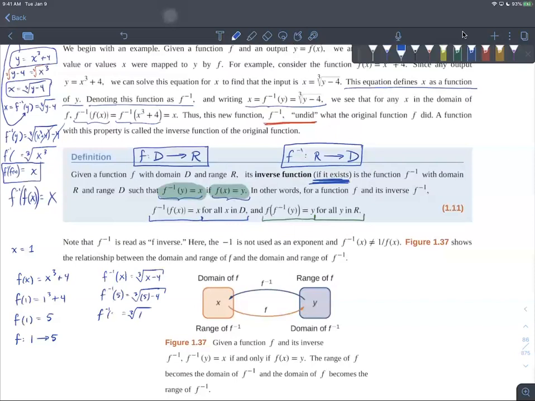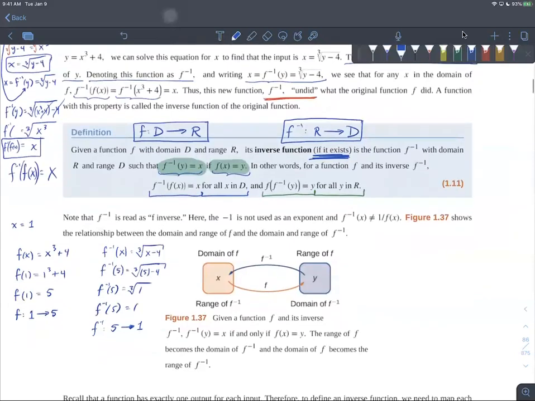And so f inverse of 5 is 1. Notice that f inverse took the value 5 and mapped it right back to 1. So we see that these two are inverse functions. They undo each other.